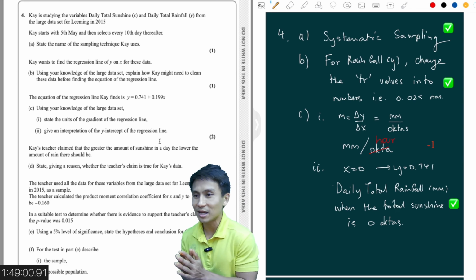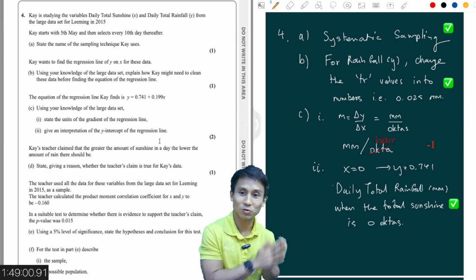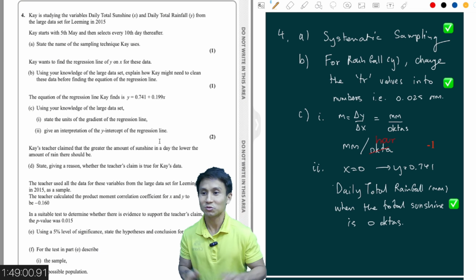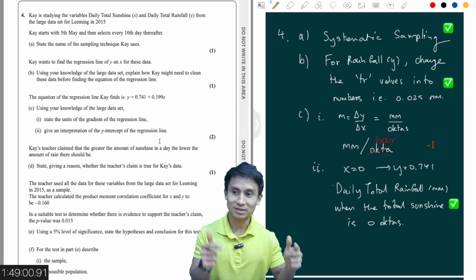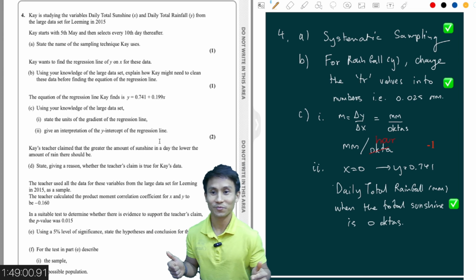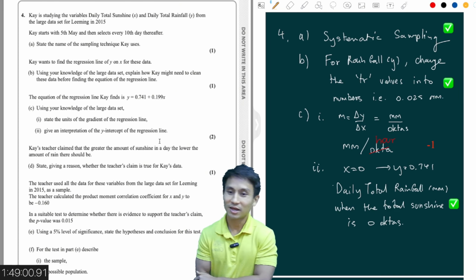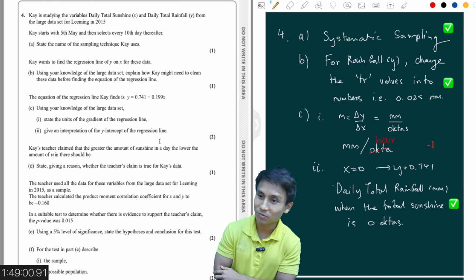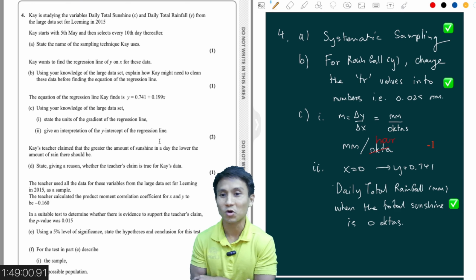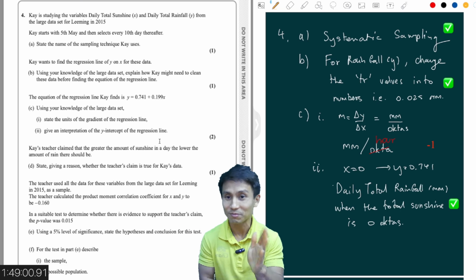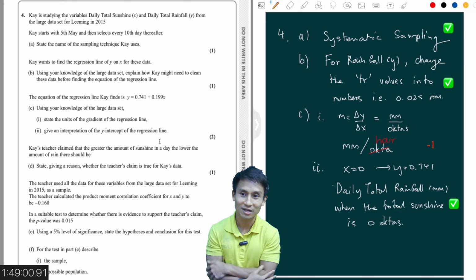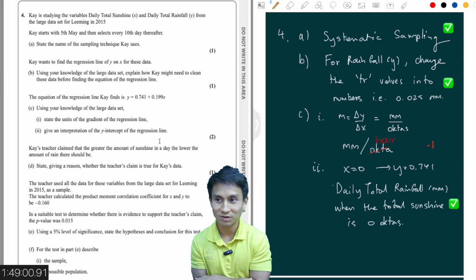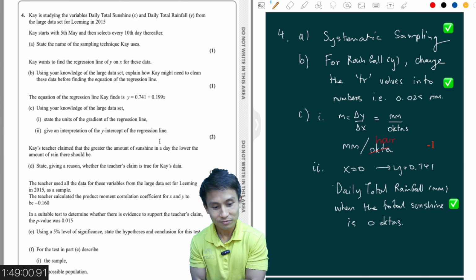Anything less than 0.05 will be put as TR. That's why I did 0 plus 0.05 divided by 2, which is the midpoint. If you answer 0, that would have been fine as well, but this is more accurate. I did mention that in the large data set video. You should go watch.